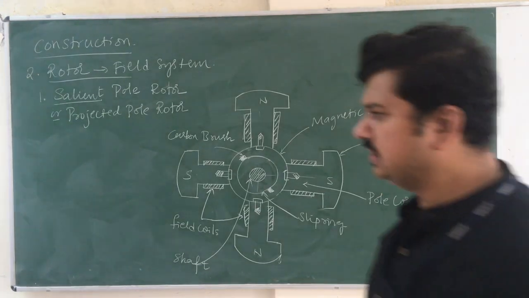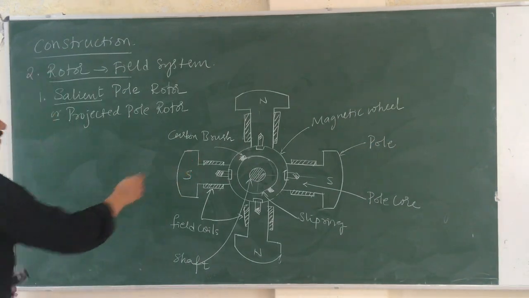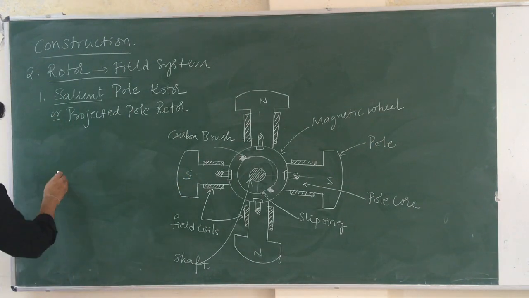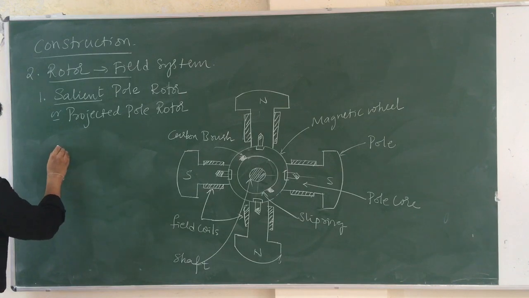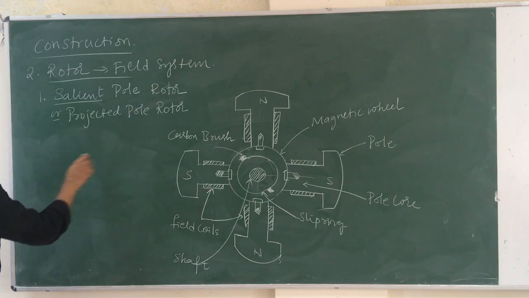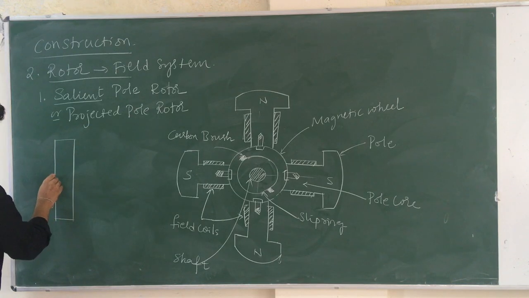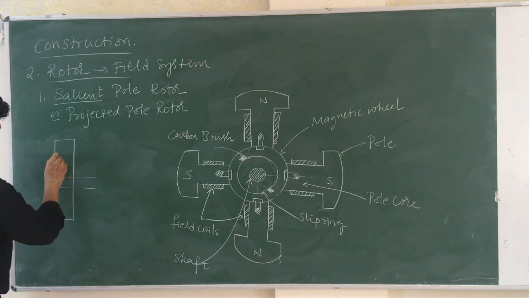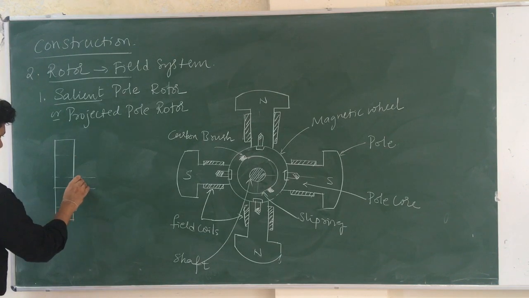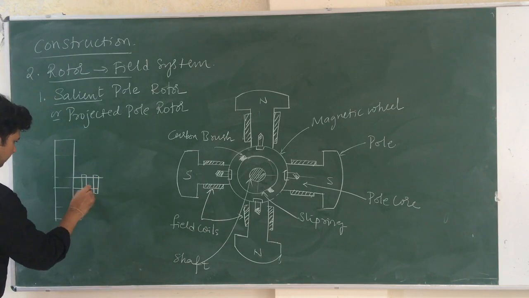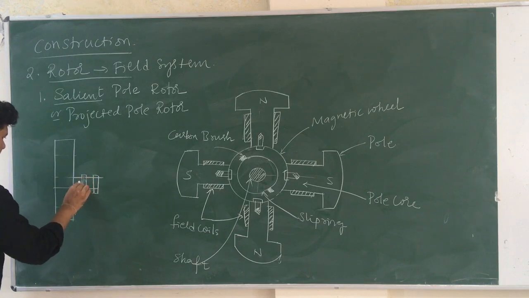If you see the construction of this, if I see the elevation, it will look like a simple rectangle. And we have two slip rings which are made up of copper.